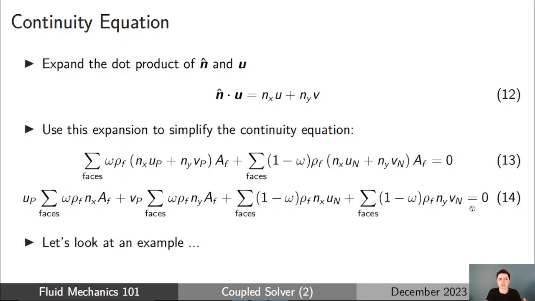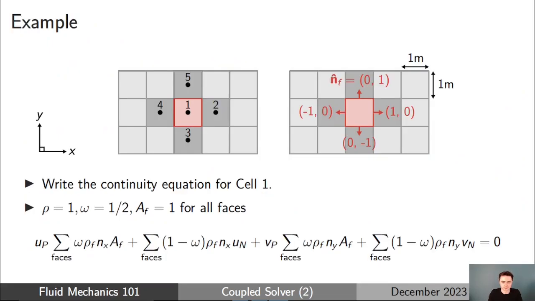But what I want to do is just run through a quick example to convince you that this is the correct formula to use, and it will help us in understanding how we're going to develop that coupled pressure equation. So let's look at an example. I'm using the same example that I used in part 1, where we've got this central cell, cell 1, surrounded by 4 other square cells. The cells have face areas of 1 meter everywhere.